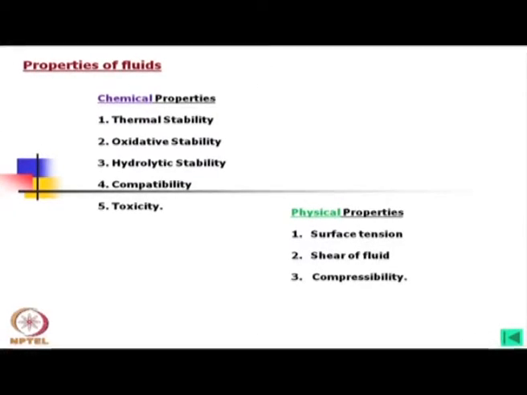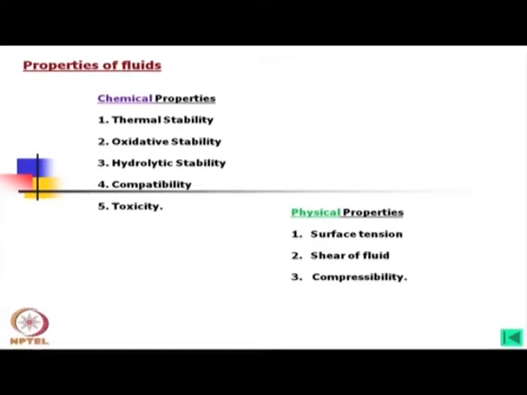This is very important in case of the fluids we are using for fluid power. Then shear of fluid, that is also important in that case, it should adhere to the components, otherwise there will be a problem of lubrication. And obviously compressibility, if there is a change in compressibility, the performance of the system will change.